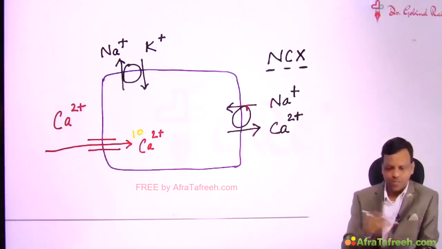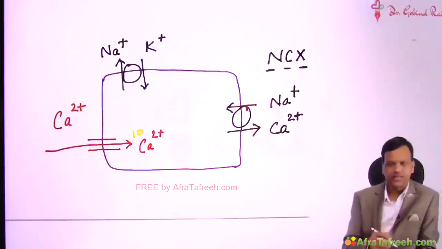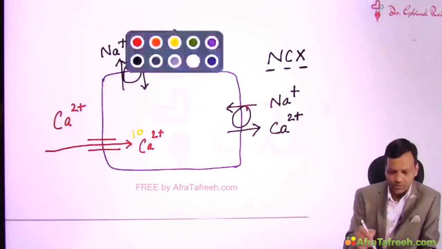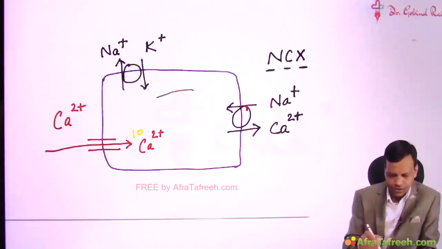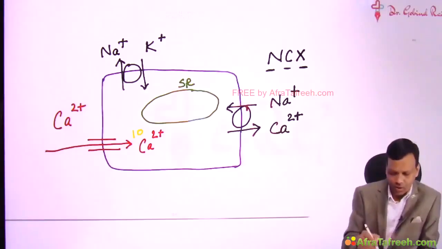So what do we do? We know that there is a storehouse of calcium in the cells, and that is called endoplasmic reticulum. This is the endoplasmic reticulum of the cardiac muscle. Endoplasmic reticulum of the muscle cells is called sarcoplasmic reticulum. Sarcoplasmic reticulum is already storing the 1000 molecules of calcium which we want for muscle contraction.